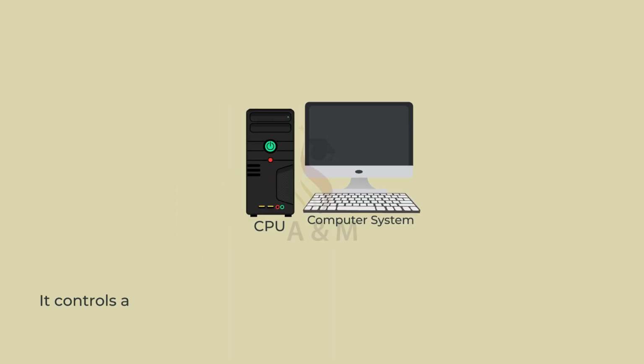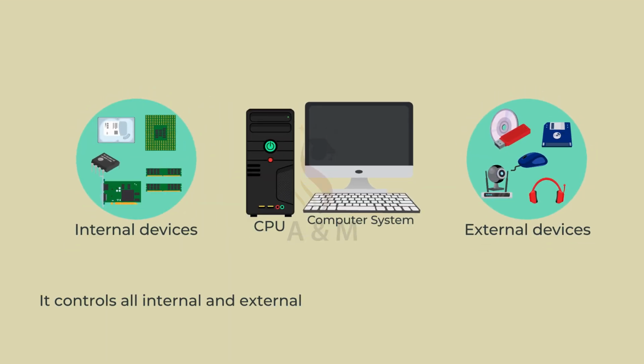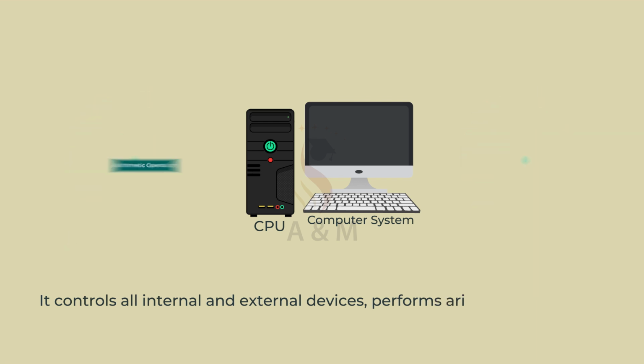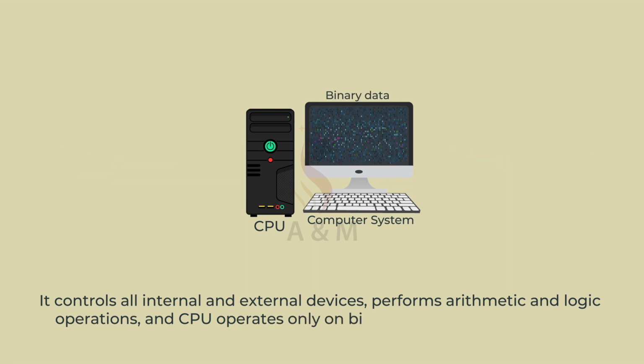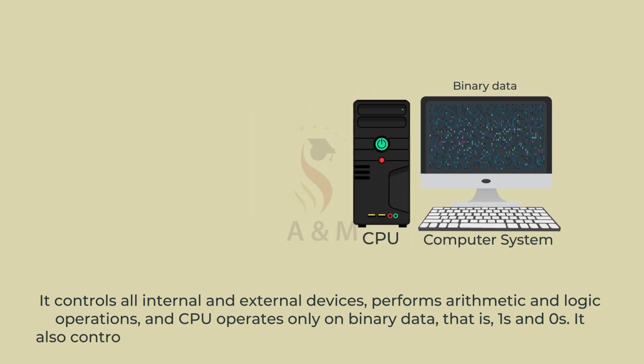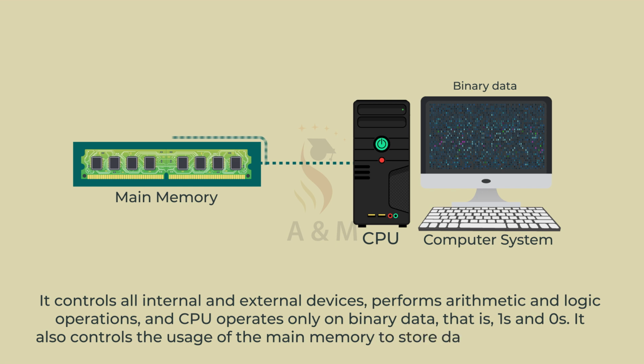It controls all internal and external devices, performs arithmetic and logic operations, and the CPU operates only on binary data, that is ones and zeros. It also controls the usage of the main memory to store data and instructions.